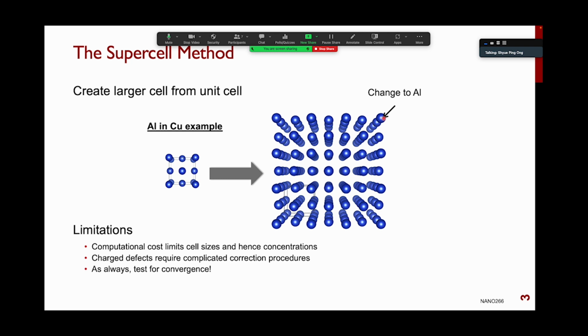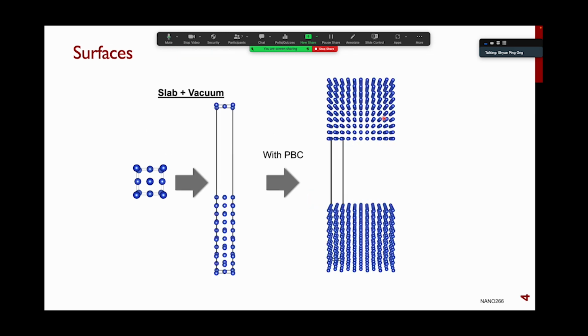Now, when you want to model surfaces, you can essentially use roughly the same concept. It is a bit different compared to just a substitutional defect, but the general principle is the same. In other words, you will create a big cell, and then you modify the big cell to get your model system that simulates what a surface is, okay?